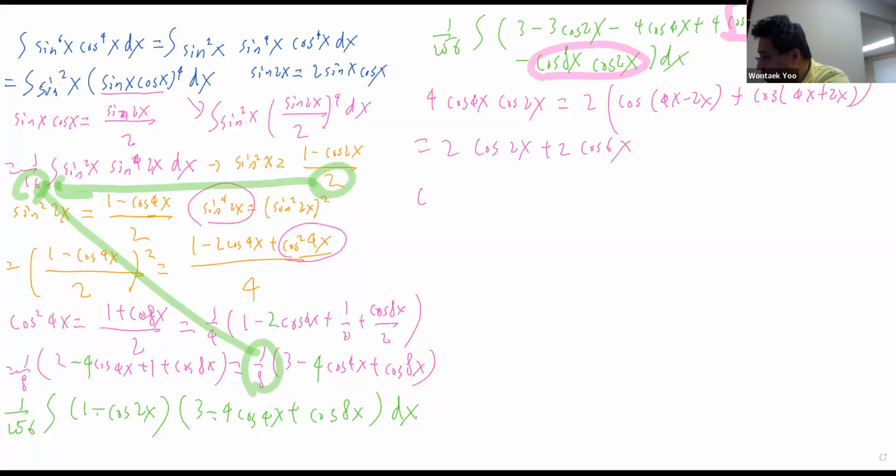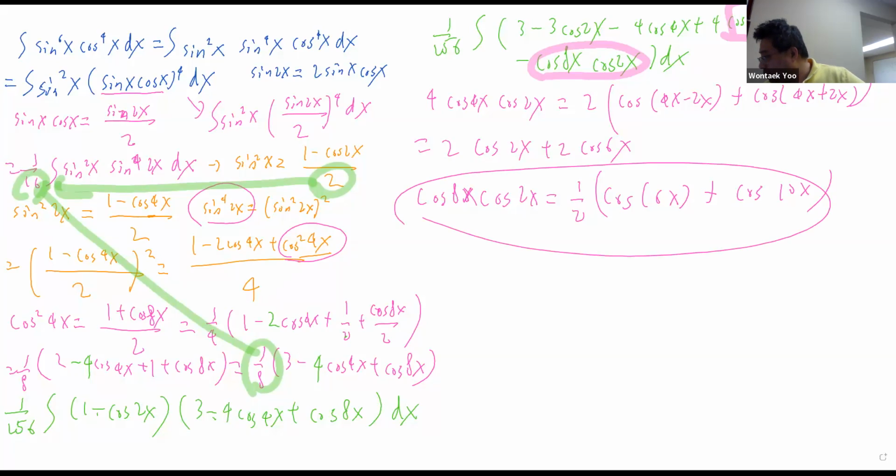Similarly, cosine of 8x times cosine of 2x equals 1/2 cosine of 6x plus cosine of 10x. We have this pesky half, so we can take care of it. Let's first substitute this and this into the respective places, and then see what we get.